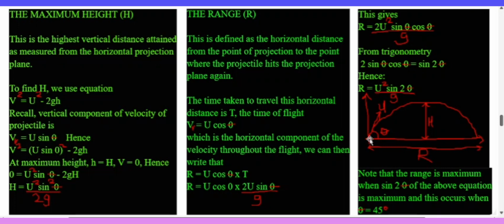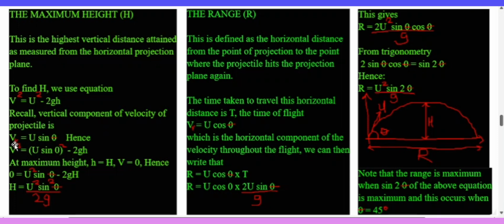What is the component of this u? The initial velocity of the object along the horizontal will be u cos theta, and along the vertical, it will be u sin theta.